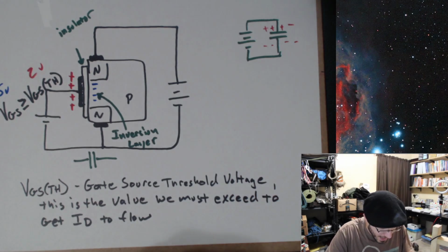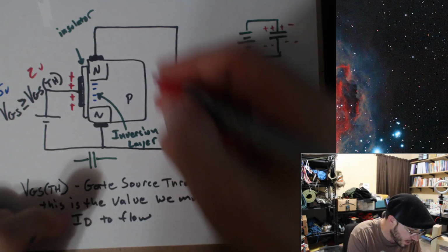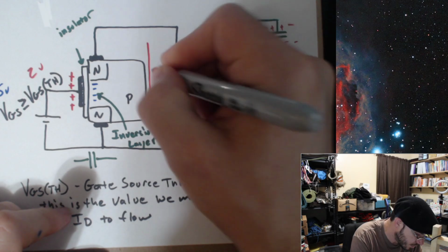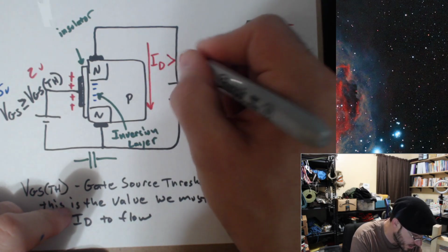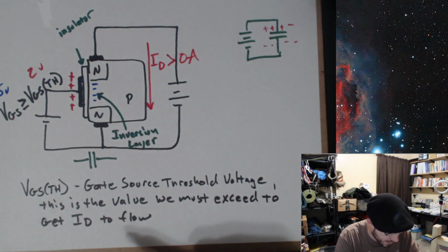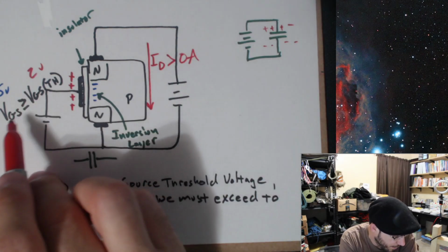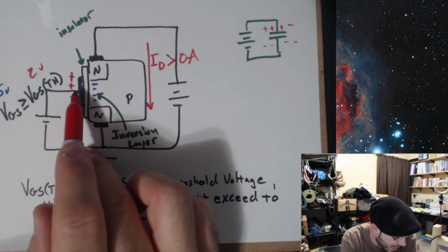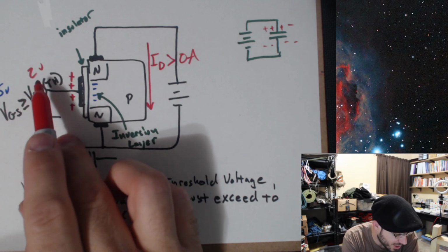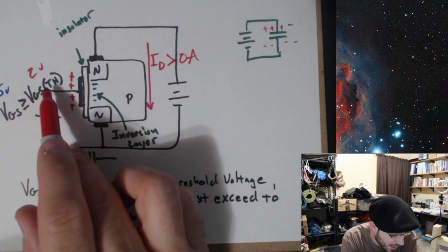So in this case, I absolutely will get an ID greater than 0 amps, because I have applied a voltage to the gate that is sufficiently large enough, in other words, greater than my threshold voltage.